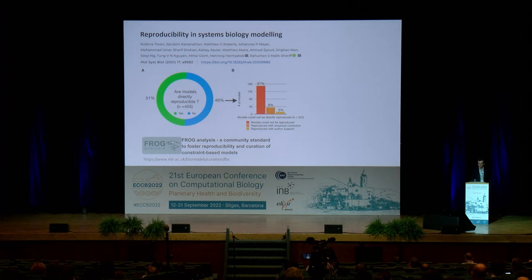So they've looked at a fair number of models that they have in the deposition database. These are not only, by the way, genome-scale metabolic models, but more models. And about half of them are reproducible, but the other half not so much. So they've already taken steps to bring up a standard for reproducibility and curation of models, which is linked down at the bottom of the slide.